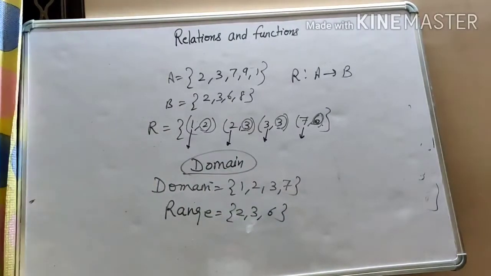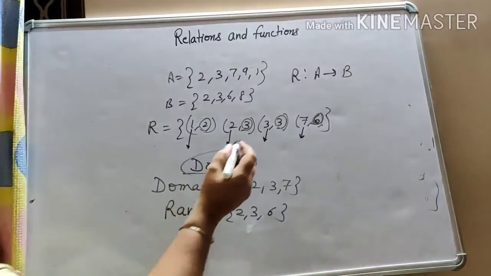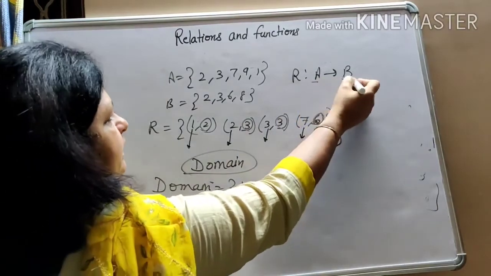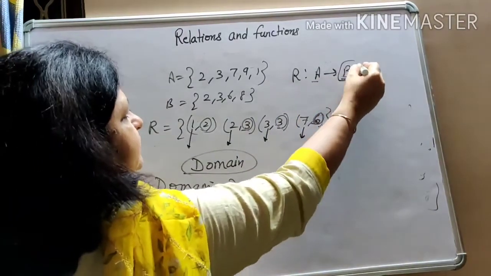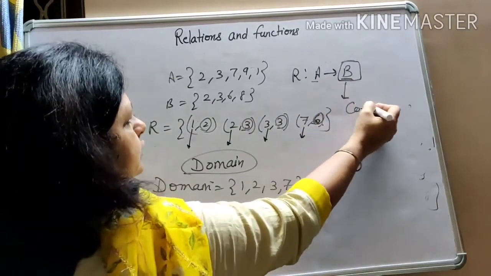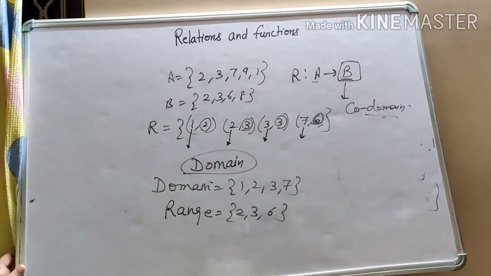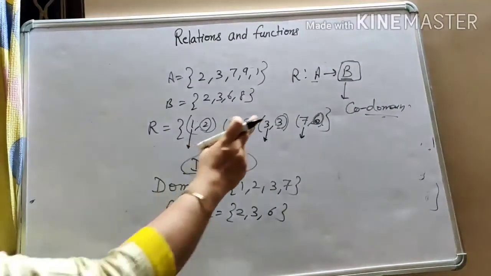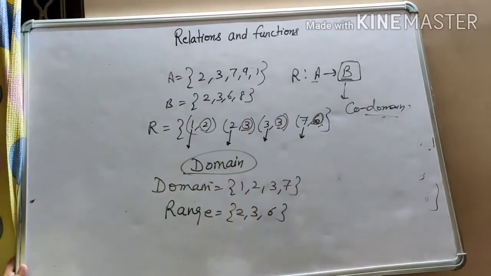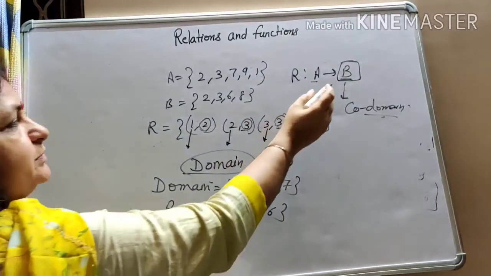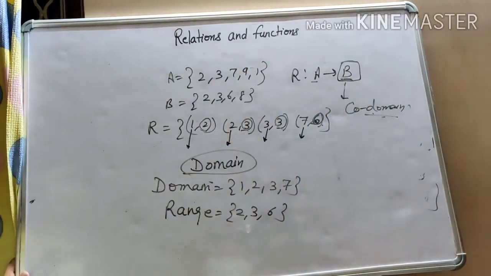Now what is codomain? If we are talking about relation is from A to B, then set B is called codomain.